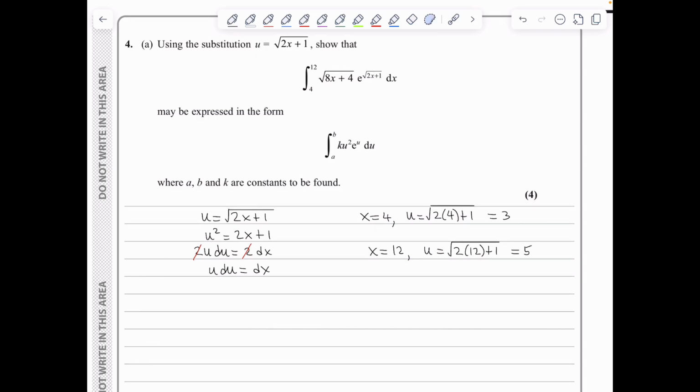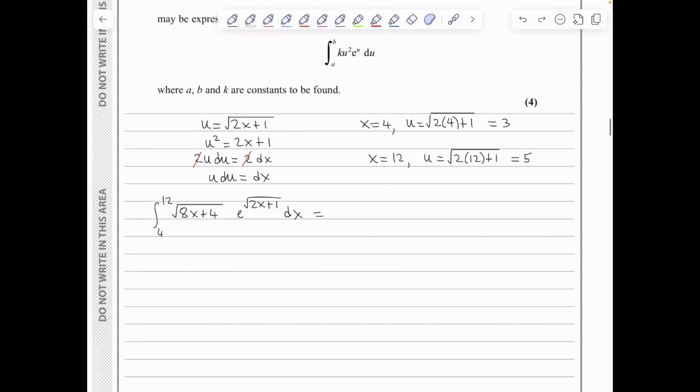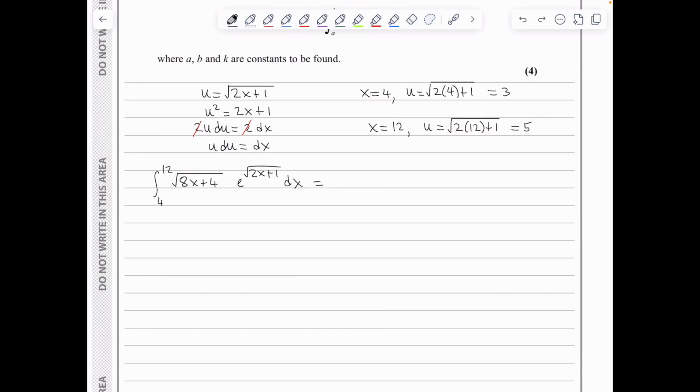And therefore, the integral of root of 8x plus 4 e to the root 2x plus 1 from 4 to 12 with respect to x can be written as the integral from 4 up to 12. I will factor out a 4 from here, so we've got root of 4 and root of 2x plus 1, and we've got e to the square root of 2x plus 1 dx. So we know that the root of 2x plus 1 is simply the u, so I will put a u here.